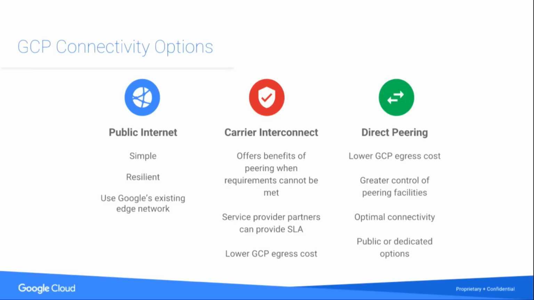If you don't meet those requirements, you can use a service provider to take an approach we call carrier interconnect, where you use a service provider to provide you an SLA on your connection between your network and Google's network, and they will control that traffic and get you onto the Google network. There are a lot of different providers out there, with different functionality and features in terms of the ability to dynamically control the amount of traffic and capacity, and to monitor your links.